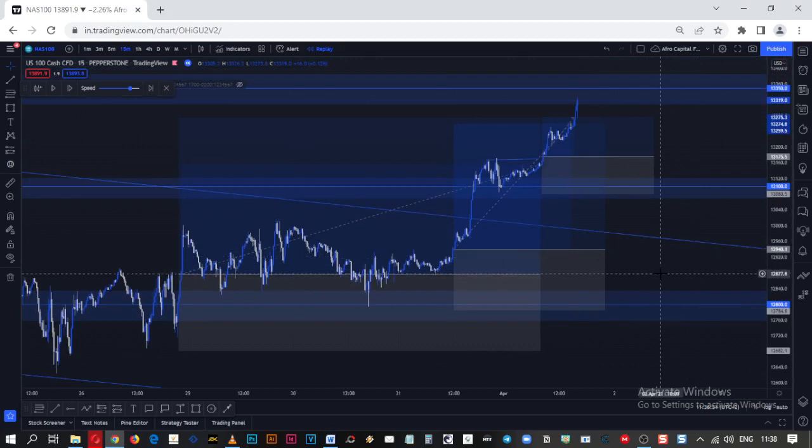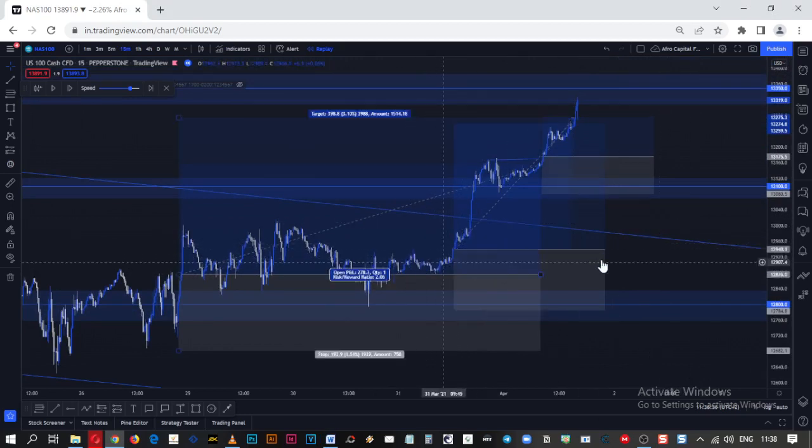The reason for entry on this one, very similar, break and retest. Inverse head and shoulders also presented itself.